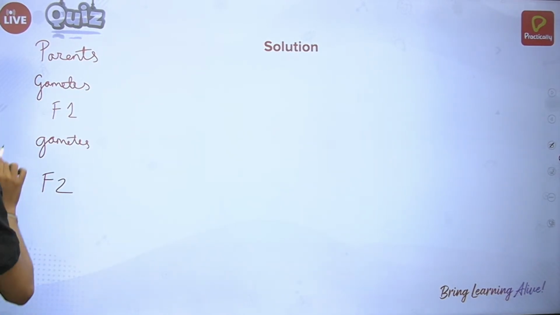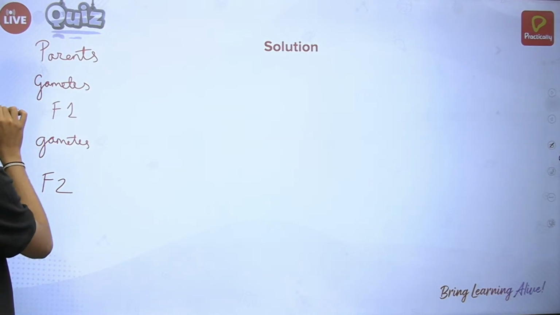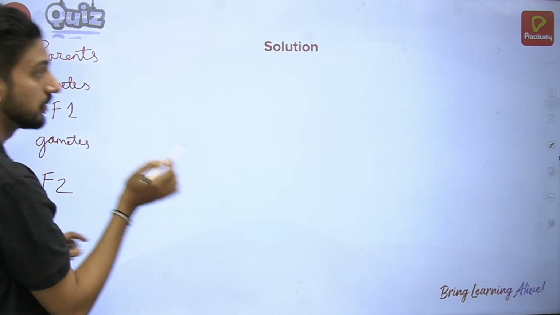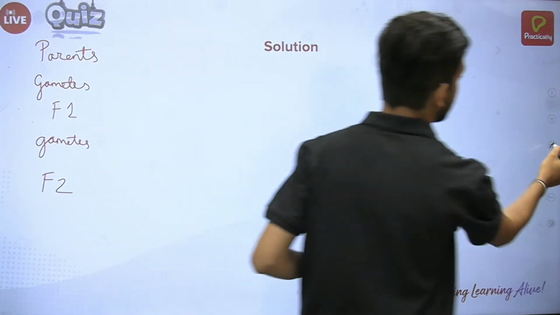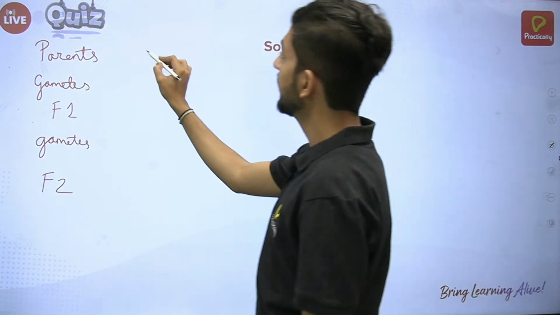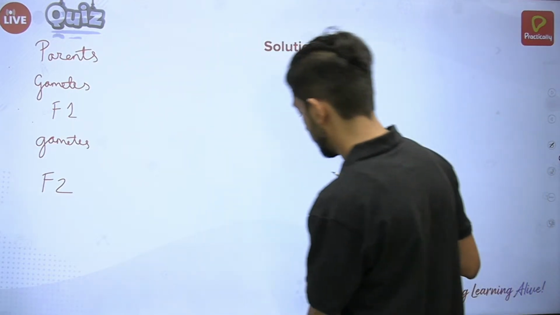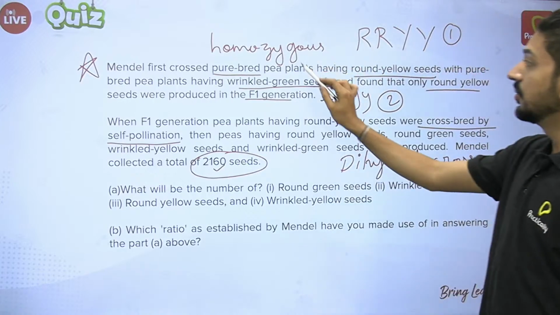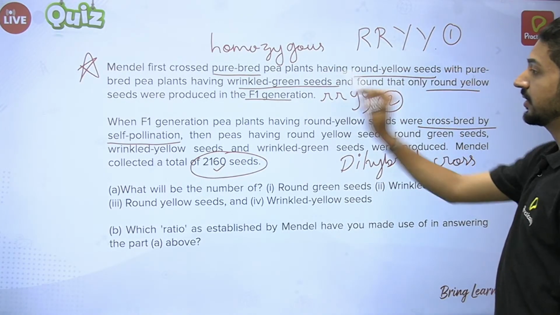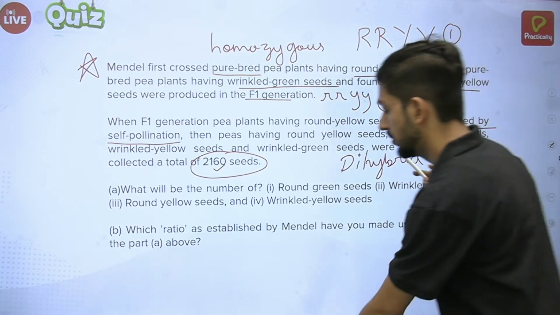Okay. So what are the parents? We had seen in the previous question, right? Homozygous, this was parent 1, capital R, capital R, capital Y, capital Y, and this was parent 2. So these are the parents.